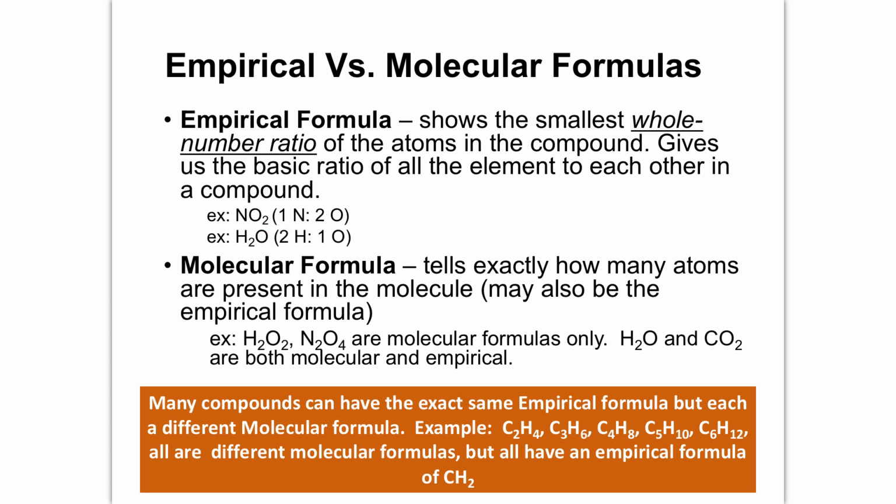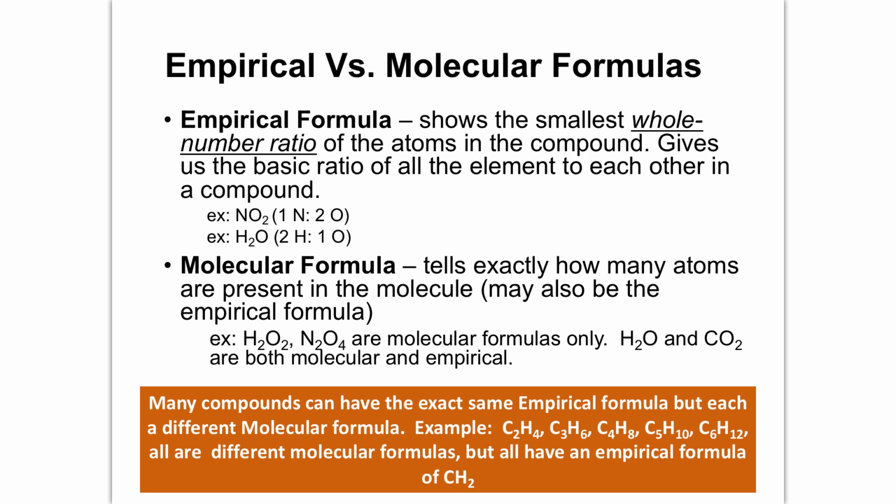Can we further reduce the subscripts to a smaller whole number ratio? And the answer is no, because we have one nitrogen and two oxygens, and you cannot further reduce one to make it a smaller number for the ratio. And the same thing here: we have two hydrogens for every one oxygen. So we are in the simplest form right now.